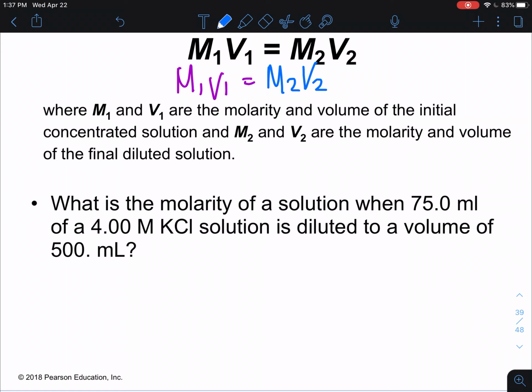Okay, so what is the molarity of a solution when 75 milliliters of a 4.00 molar KCl solution is diluted to a volume of 500 ml? Okay, so our V2 is 500 ml. Our M2, we don't know, okay, because it says what is the molarity of essentially the new solution.